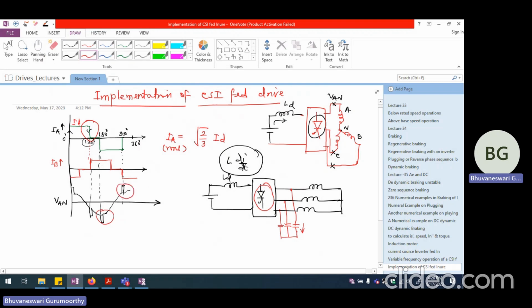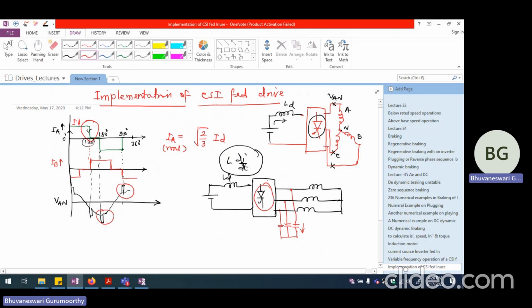So in a VSI fed drive, the leakage reactance of the induction motor is useful to smoothen the current. Whereas in a current source fed drive, the leakage reactance is a big problem. It is actually a bane, whereas the leakage reactance is a boon in the case of a VSI fed drive.